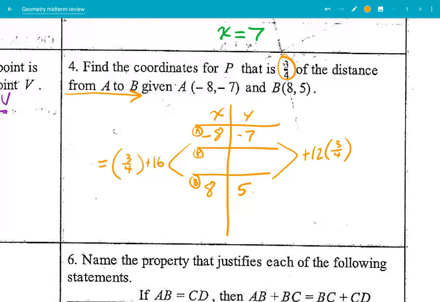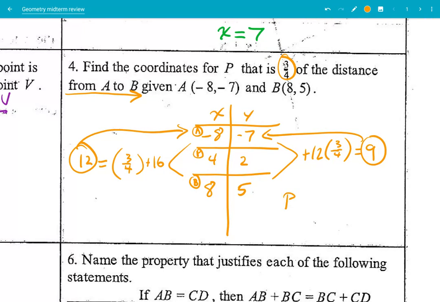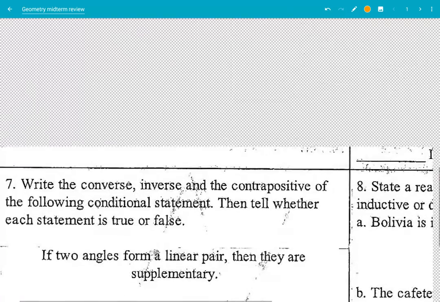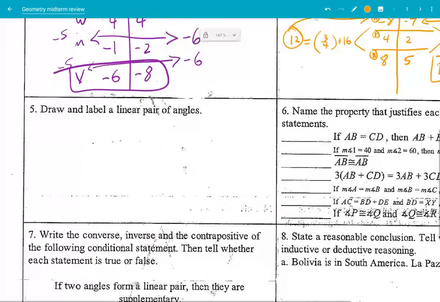Well, 16 is 4 fours, so 3 fours is 12. And then 3/4 of 12 is 9. So let's add this back to that, add this back to that. 12 minus 8 is 4, 9 minus 7 is 2. So there's our point. P is 4, 2. On to the next paltry geometric dilemma.